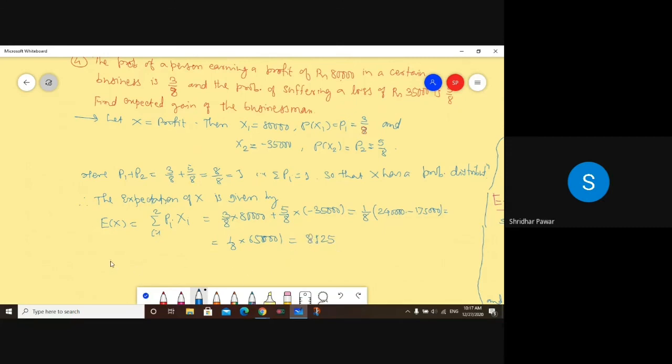So therefore the expected gain of the businessman is rupees 8125. So this is how you can solve the problems of this type.